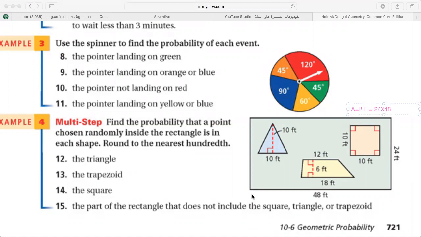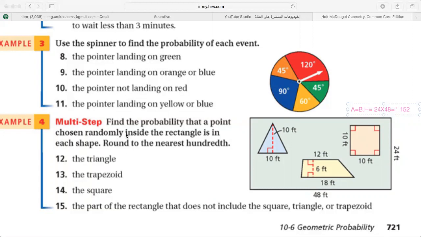The base is 48 and the height is 24. 24 multiplied by 48 is equal to 1152. So this is the total that I'm going to put in all the denominators.